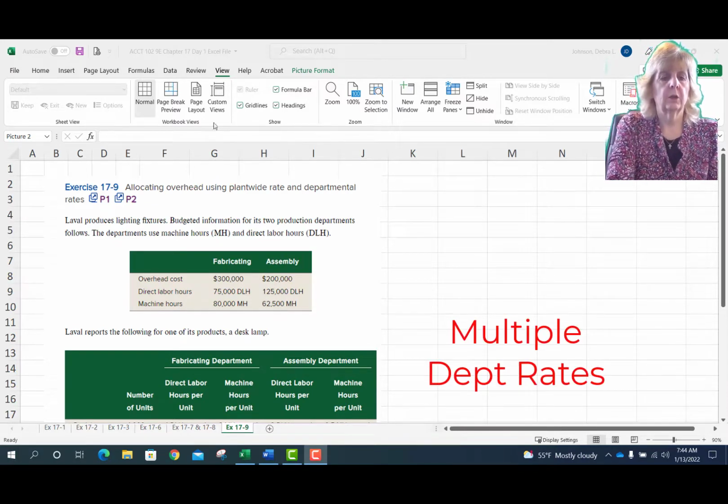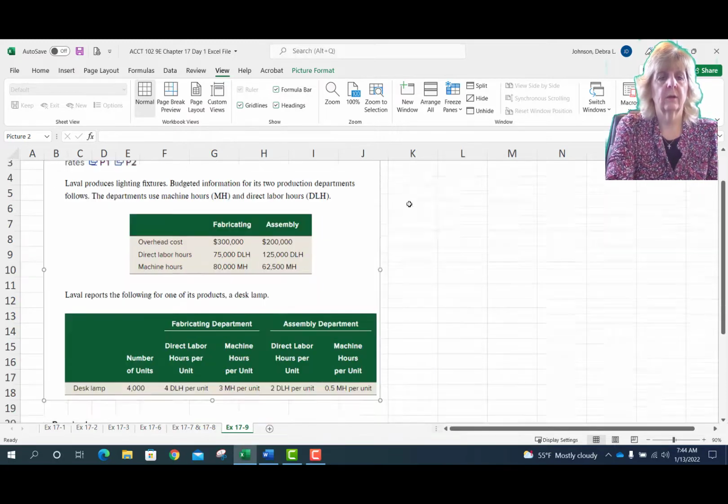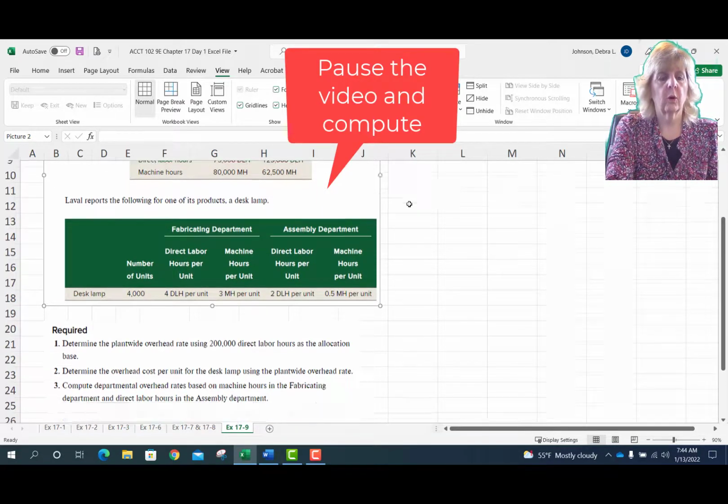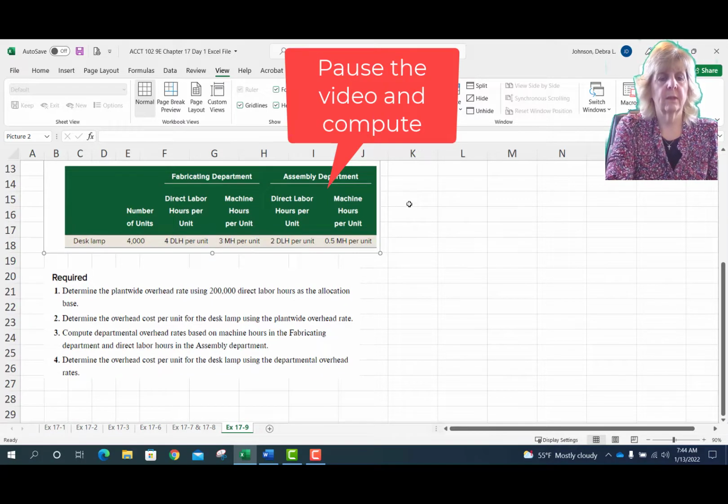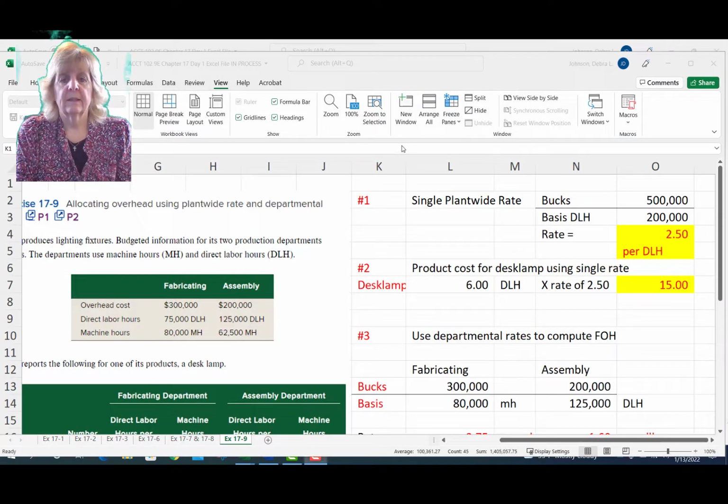Take a moment to look at your Excel file, read the various requirements, there are four of them in this case, and then we'll come back with the answer, and as one final assessment of the first two-thirds of the chapter, let's see if you can get all the answers right. The single plant-wide rate, which is based on direct labor hours, came out to be $2.50 per direct labor hour.